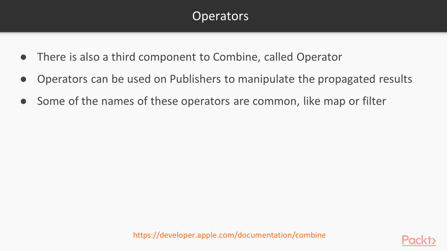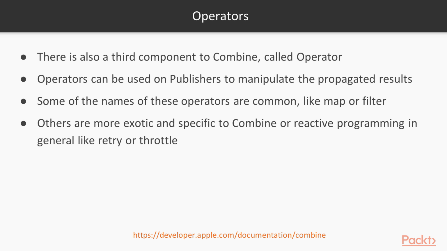And some of the names of these operators are very common, like map or filter. And others are a little bit more exotic and specific to Combine or reactive programming in general, like retry, that allows you to try a statement 2, 3, 4 or multiple times, or throttle, that makes sure that values are not coming in too fast.